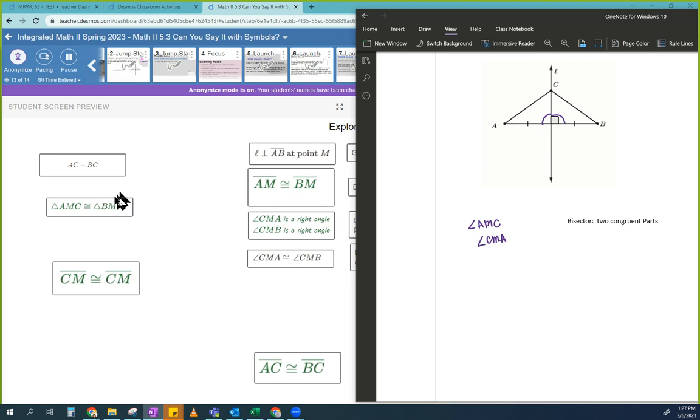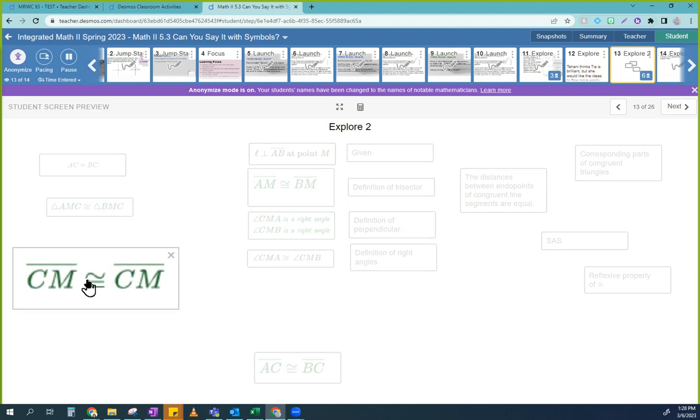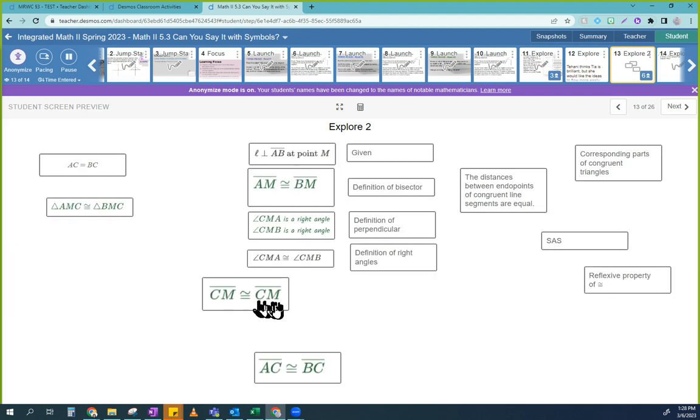So it's not the triangle one. Not yet. We can't use SAS yet, because in order to use SAS, I need a side, an angle, and a side. So far in my diagram, I have a side congruent to a side. I have an angle congruent to an angle, but I need that third side. Yes, very good. I'm going to put here that CM is congruent to itself.